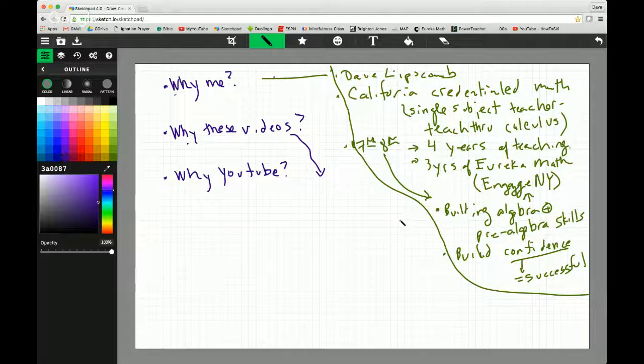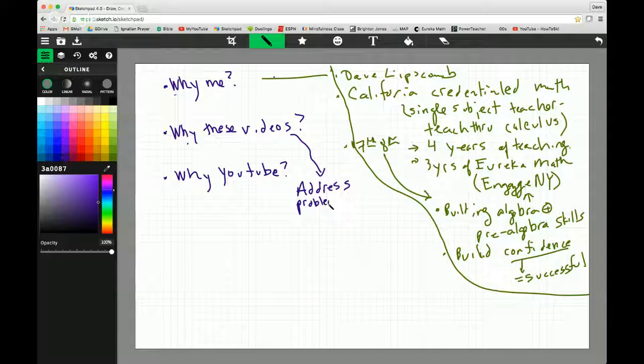I love the curriculum from the perspective of the order in which it teaches things, the way that each lesson builds on the prior lesson, the way each unit builds on the prior unit, and the way it helps foster critical thinking in students. However, there are a few problems with the curriculum as I see it, and maybe you don't see that, but if you see these problems, then you can nod your head and see that maybe these videos are for you.